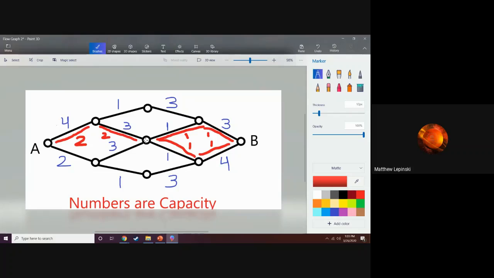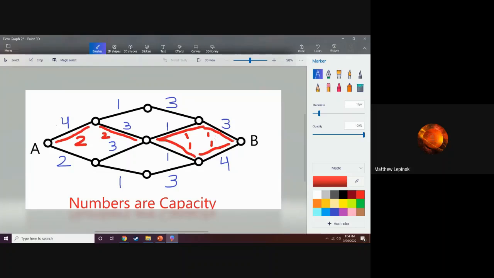Then there's nowhere that I can send those. Once they get to this switching station, there is no place that I can send those 2 units, because I've only got pipes of size 1. So therefore, I could ship 1 unit up here, 1 unit down there. So 1 unit is taking the bottom path, 1 unit is taking the top path, and in total I have pushed 2 units of water from A to B.